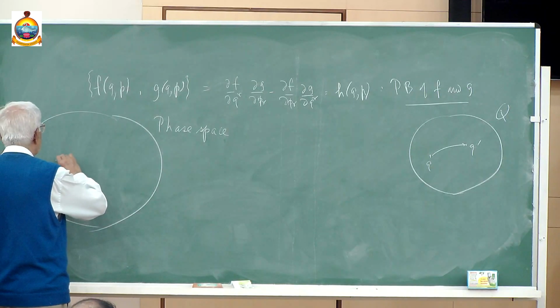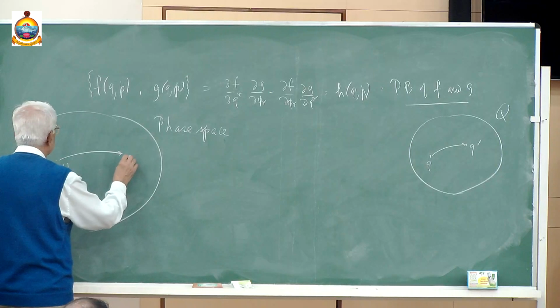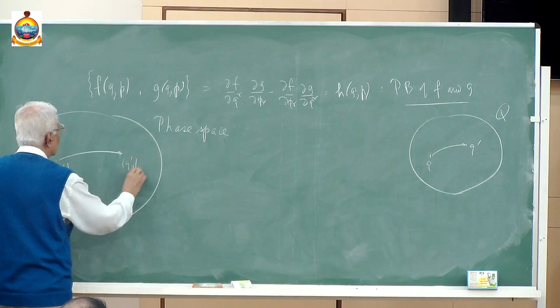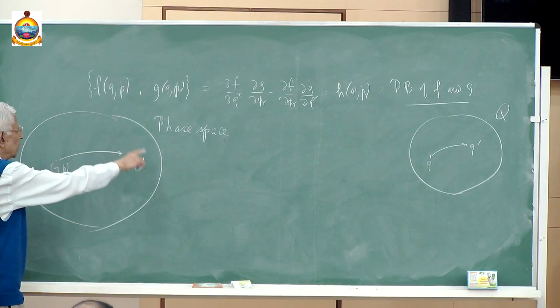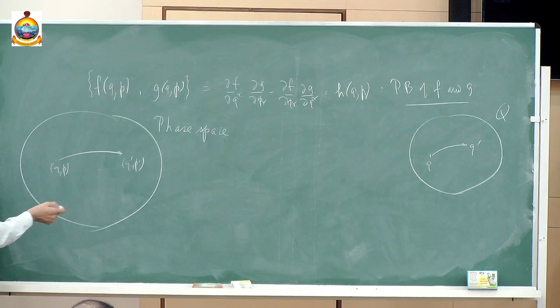So the transformations which preserve the structure of Hamilton's equations are mappings of the phase space onto itself, and they are an immeasurably larger set of transformations than the old point transformations.